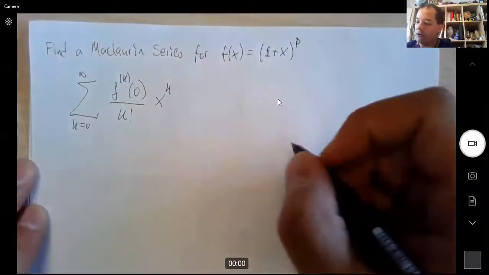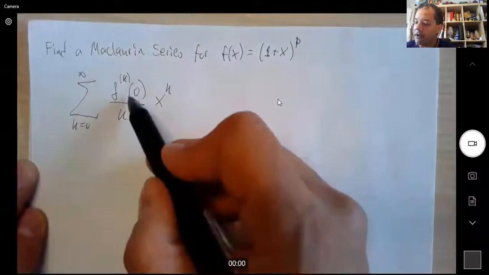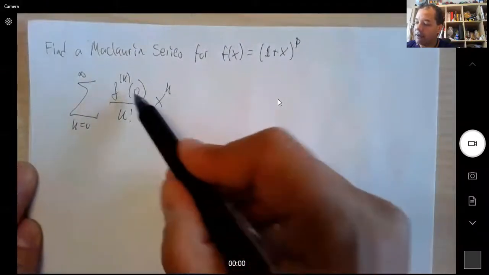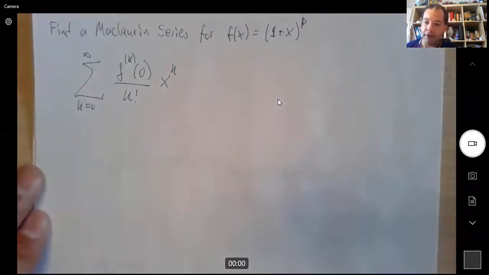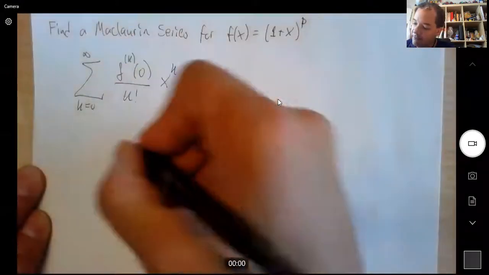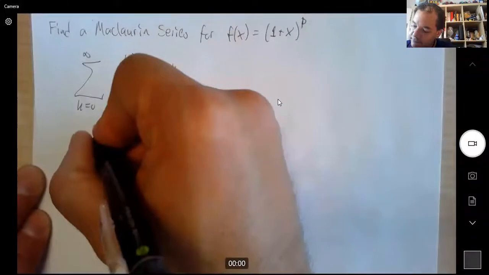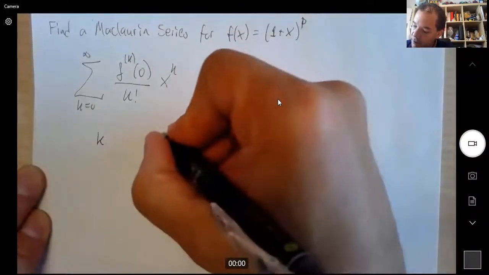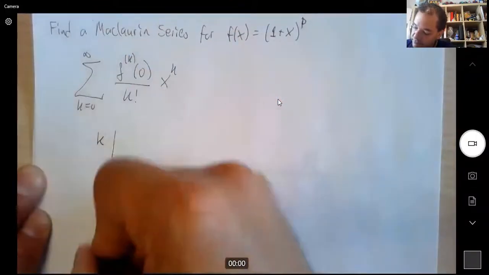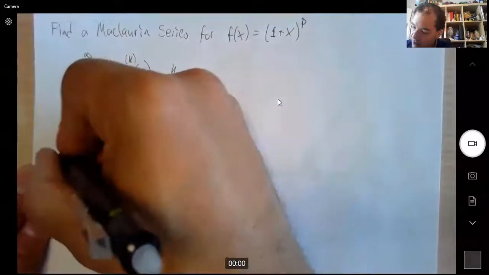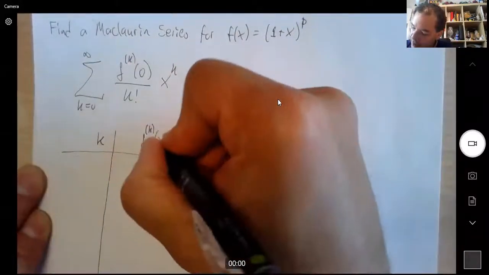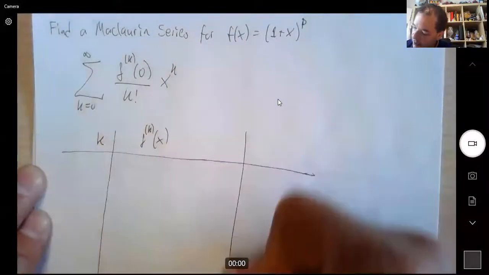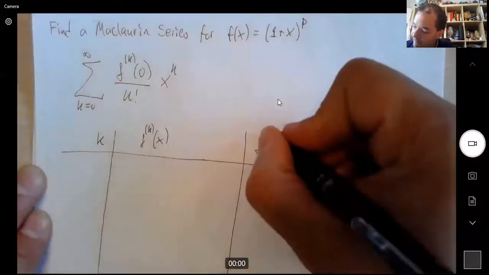And all we need to do is find out the derivatives, the kth derivatives, and plug in 0, right? So as usual, let's do a little table here. So here's k, and over here we're going to do the kth derivative at x, and over here we're going to plug in 0.